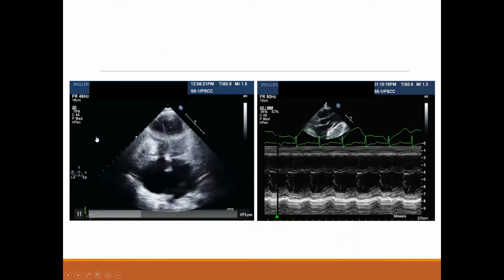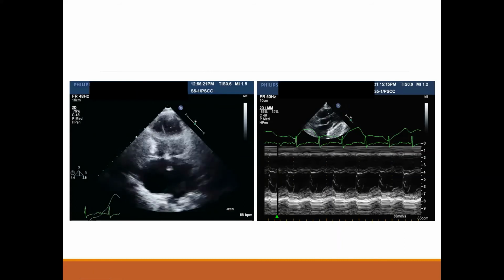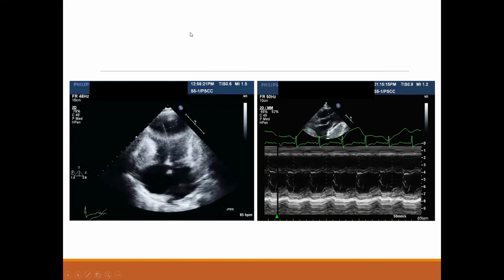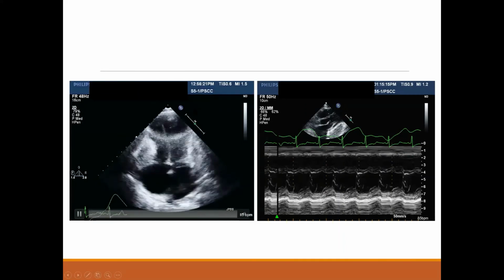Now, what's the rate of respiration? The normal respiratory rate is 12, 14, right? 16. And the normal heart rate is 60, 70. So the difference is that you need at least 5 beats to get a single respiratory cycle.